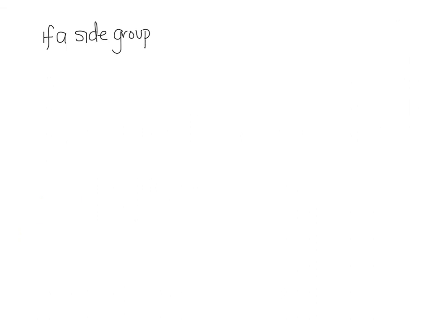If there's a side group on the carbonyl side, it becomes part of a prefix.